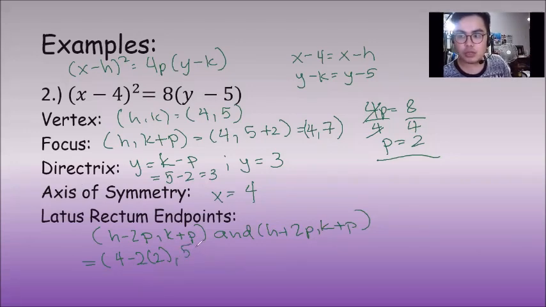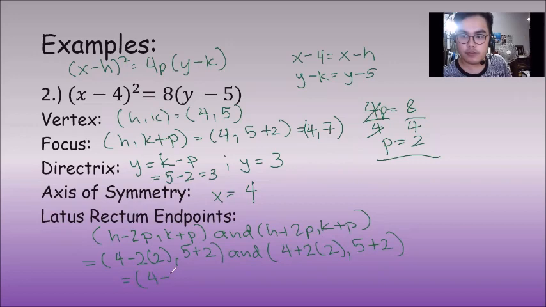Then our p is equal to 2. And our h is 4 plus 2 times 2. Then our k is 5. Then our p is 2. So what we are going to do is simplify. 4 minus 4, since 2 times 2.